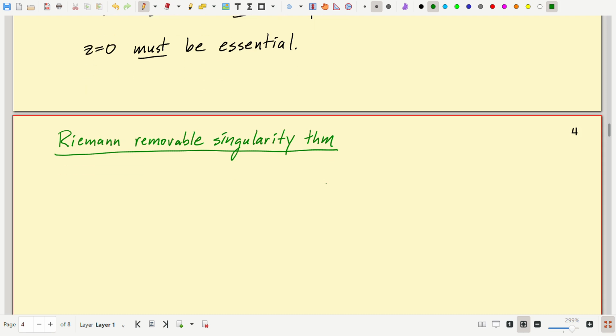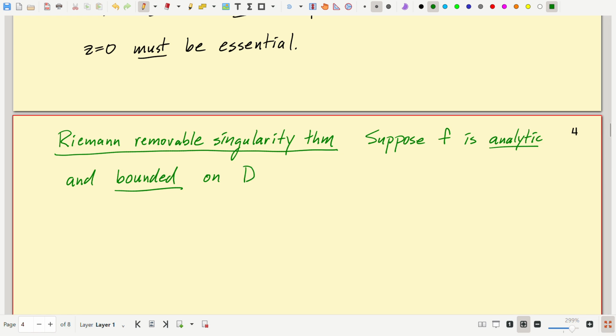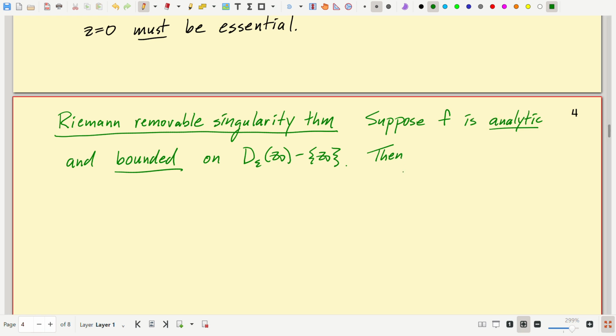It says that suppose f has an isolated singularity, so f is analytic and bounded on some punctured disk of radius epsilon about z naught minus z naught. Then z naught is removable.